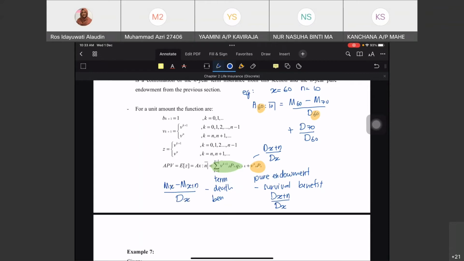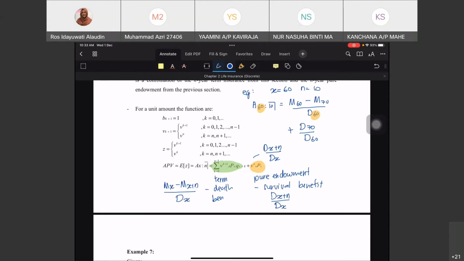We always have over Dx because in probability, when we want to find tPx or tQx, we always need Dx over lx to turn the number into a probability. We have to divide by the number of survivors.